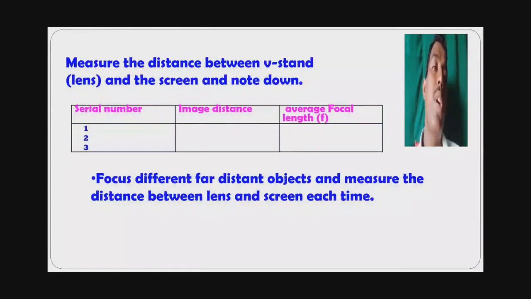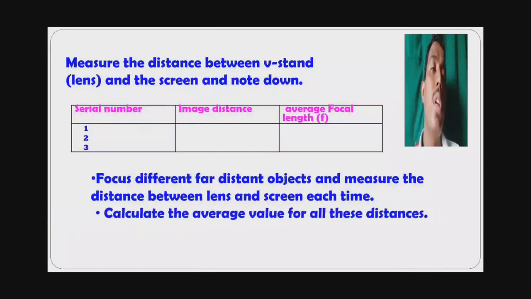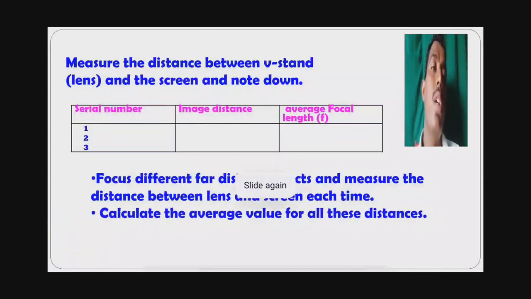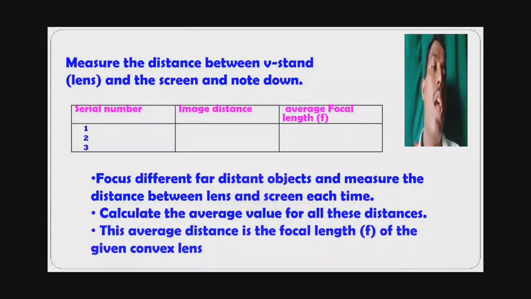Then calculate the average value of all these distances. This average distance is the focal length of the given convex lens.